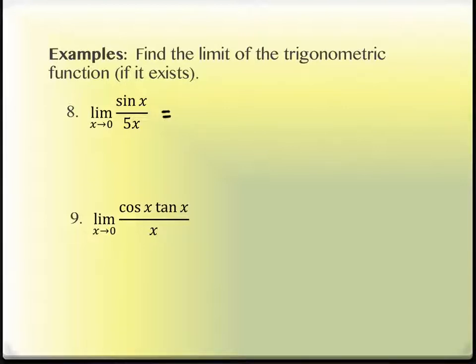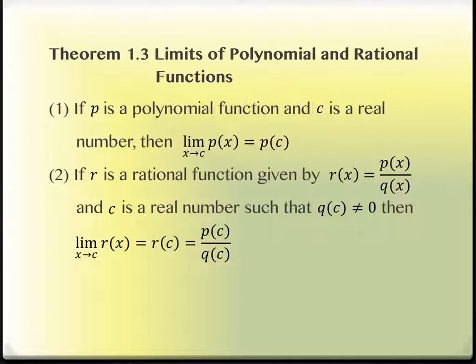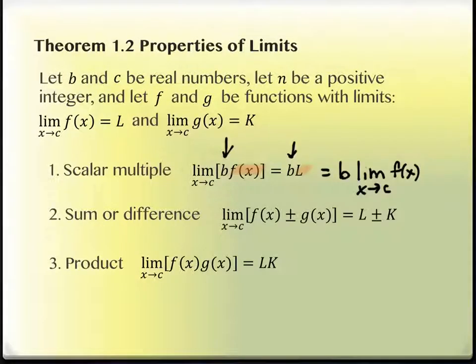So here's what we're literally going to do. We're pulling a 1/5 out in front. And it might look a little bit like magic, but it isn't. We had a theorem at the very beginning that said that we're allowed to do that. I'm going to go back to it on my slide, in fact. That property number 1, do you remember that?